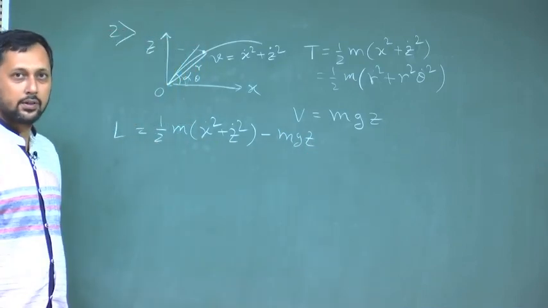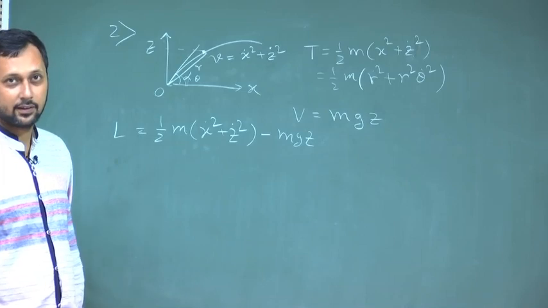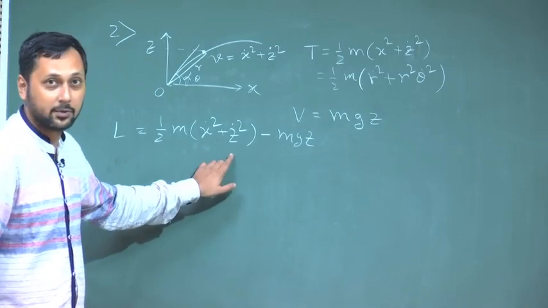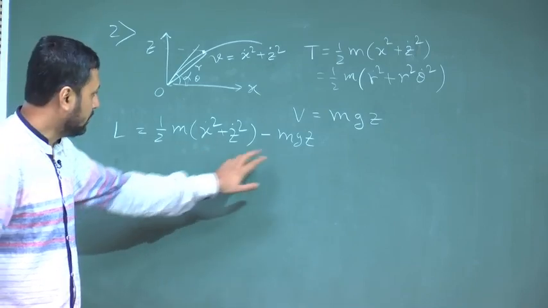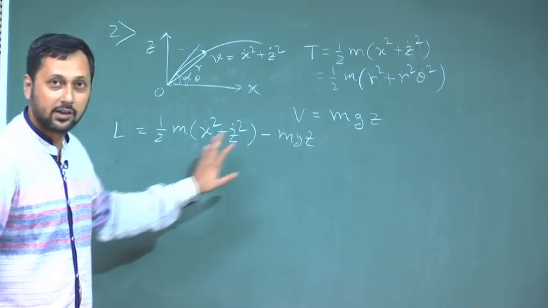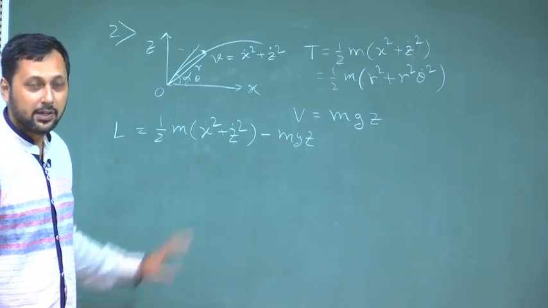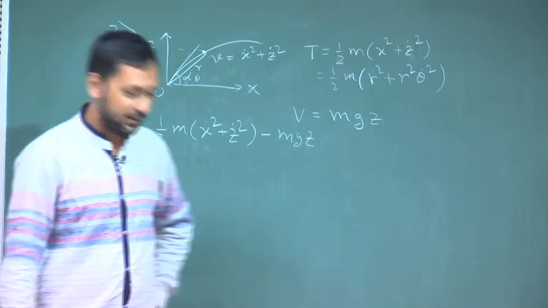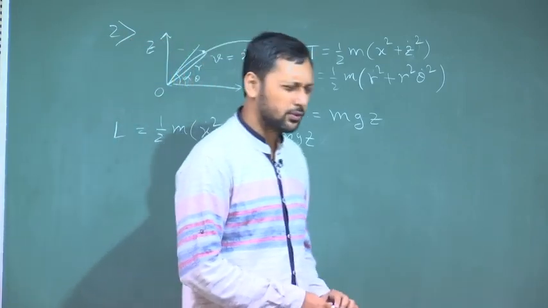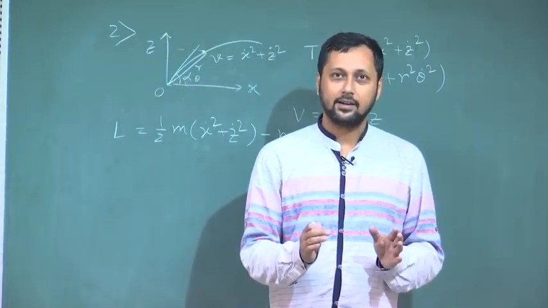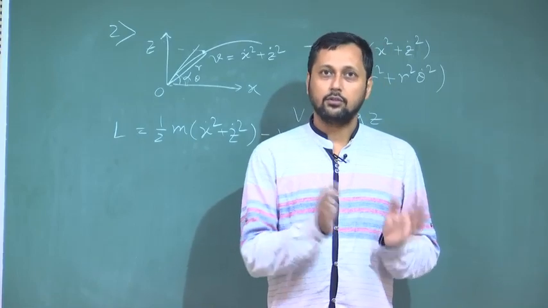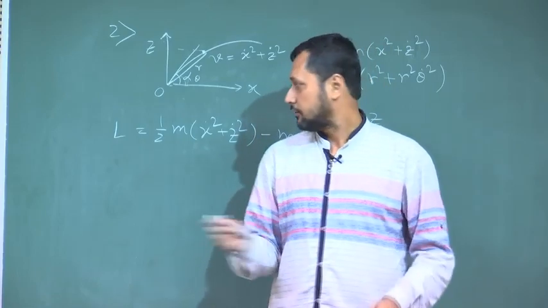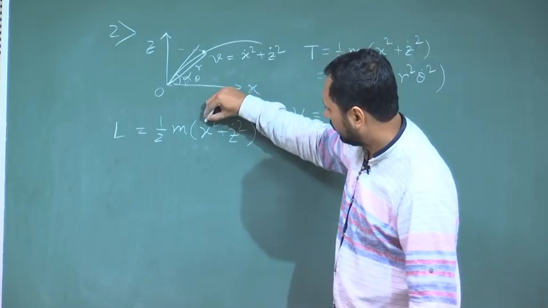Any cyclic coordinate? Yes, x. There is no x explicitly in this expression. So z is not a cyclic coordinate, but x is a cyclic coordinate. Typically, in the most common case, kinetic energy has only velocities. Here we have x dots and z dots.